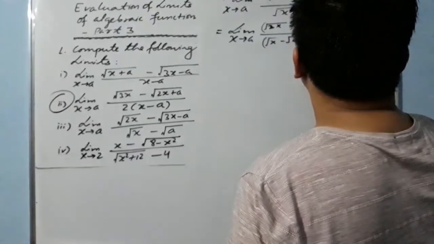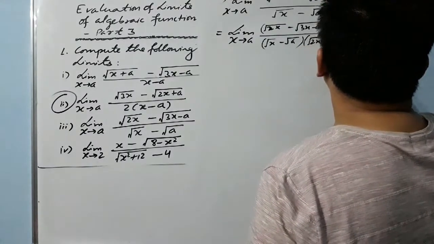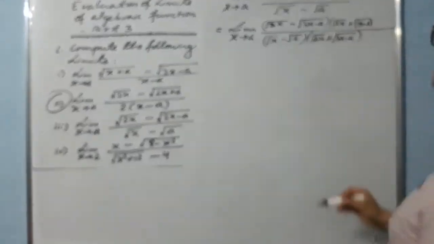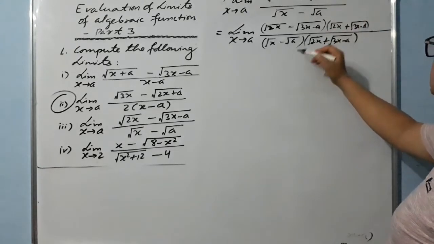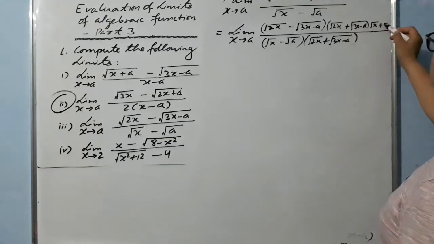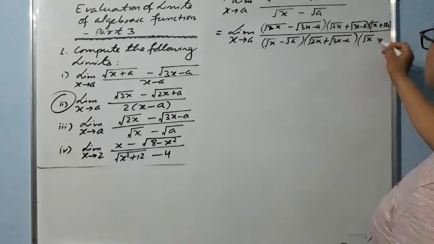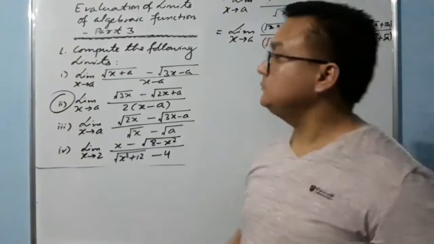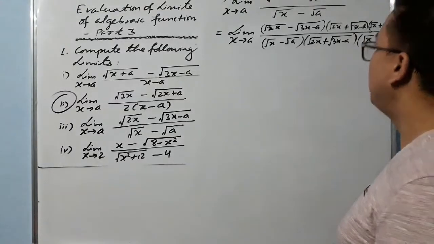So root 2x, you are going to multiply up and down by root 3x minus a. Just as we rationalized the numerator, now let's rationalize the denominator also: root x plus root a, multiply up and down by its conjugate, root x plus root a. You are familiar, I think, with all this work.